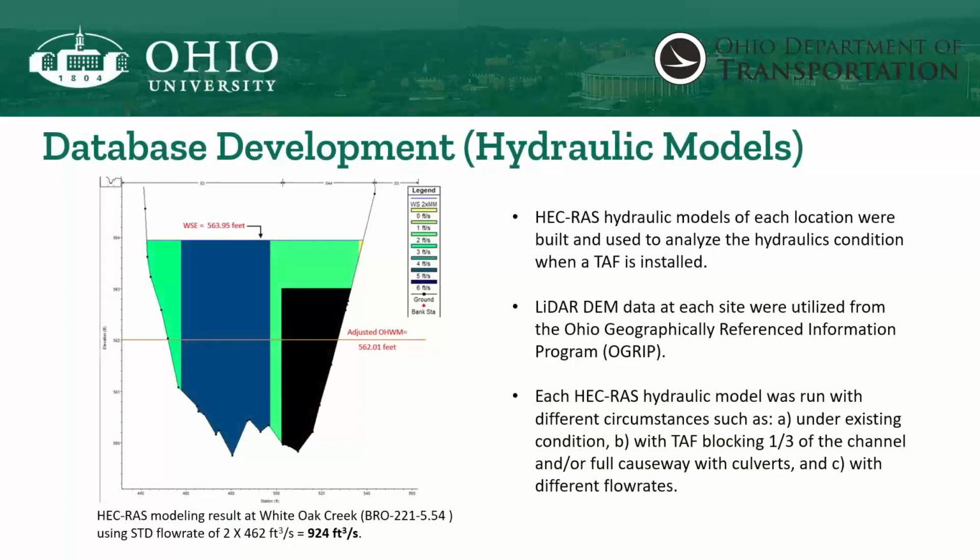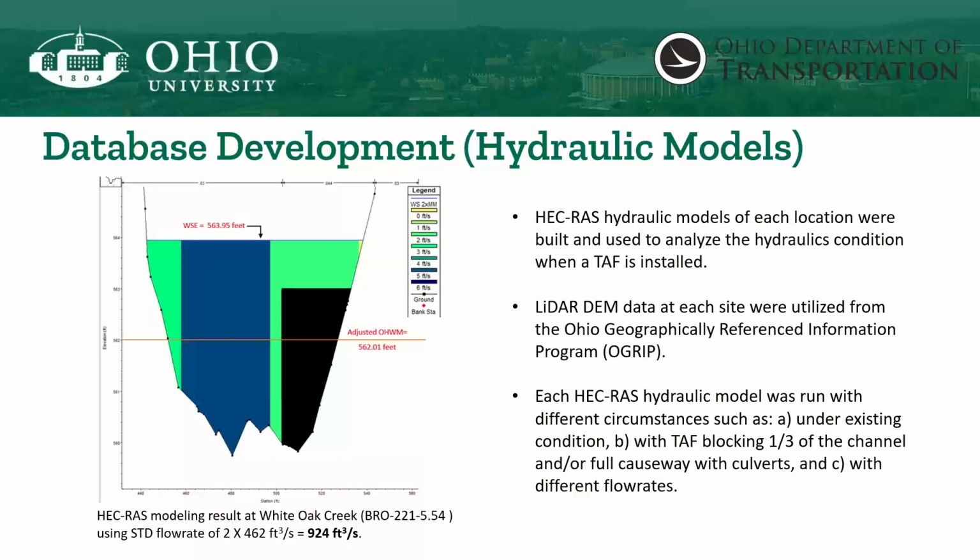Okay, so for each site, we developed a HEC-RAS model, and we ran the models with the TAF design in the model at a particular cross section, and without the TAF, because we just want to see what's happening hydraulically.